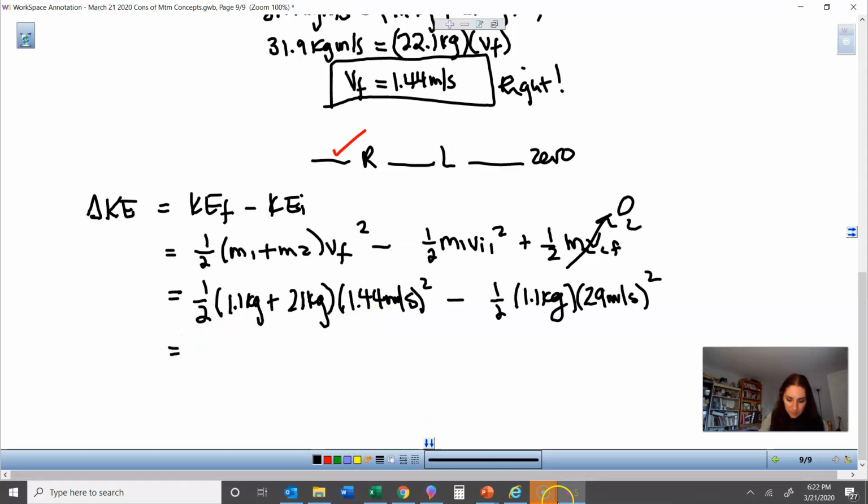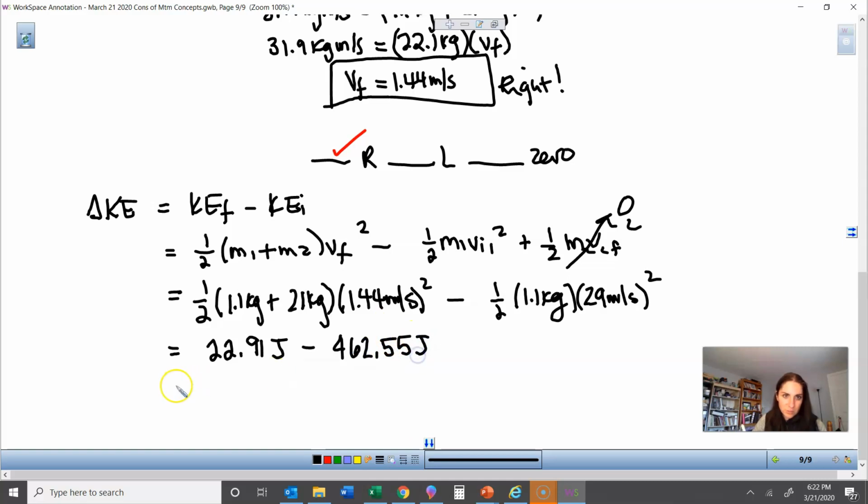All right, like I said, rinse and repeat. So I'm going to go ahead and do this. Times 0.5 has 1.44 squared. 22.91 joules minus, whew, that's a big number.